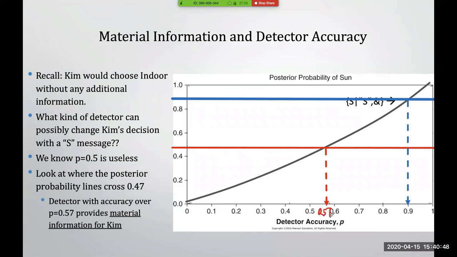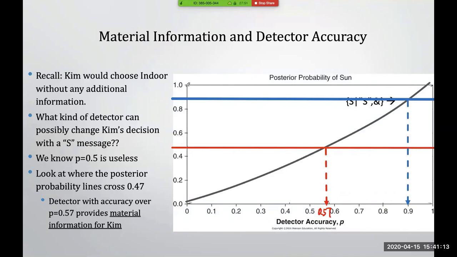0.57. That means if a rain detector has an accuracy that is above 0.57, which means we're looking at the rain detector in this range, then those kind of rain detector will change Kim's posterior belief to this range if the message is sunny.